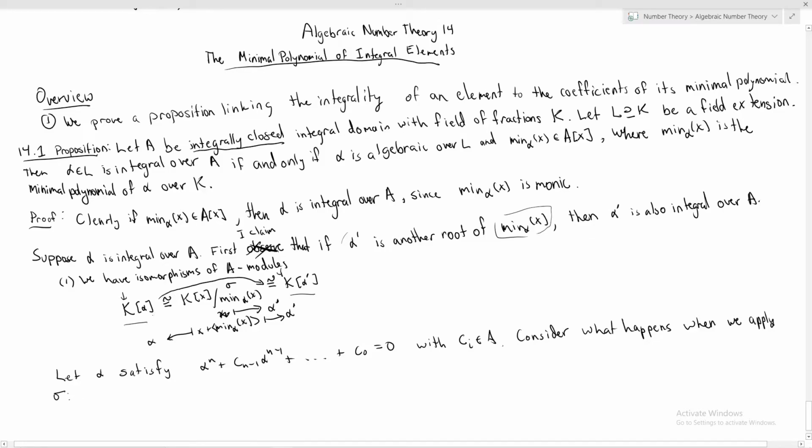Well, the first thing to notice is that this isomorphism basically sends alpha to alpha prime, and it fixes K. So what does that mean? Since sigma fixes K, sigma is a K vector space homomorphism.